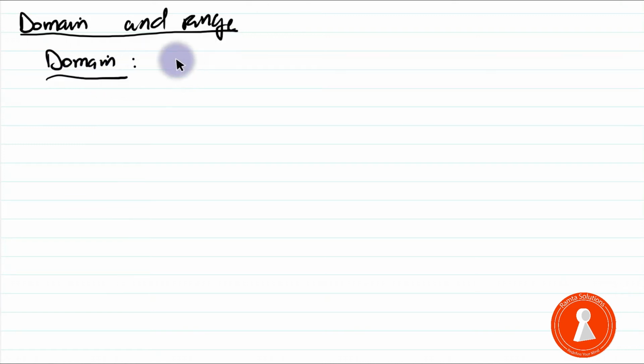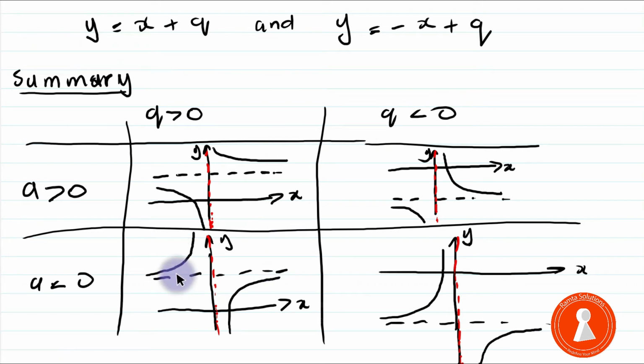So for grade 10, your domain, you will always say, look at our function. It goes for all values of x except when x is 0. What is this? Except for the vertical asymptote. It goes for all x values except for when x is equal to 0. This is for grade 10 only.